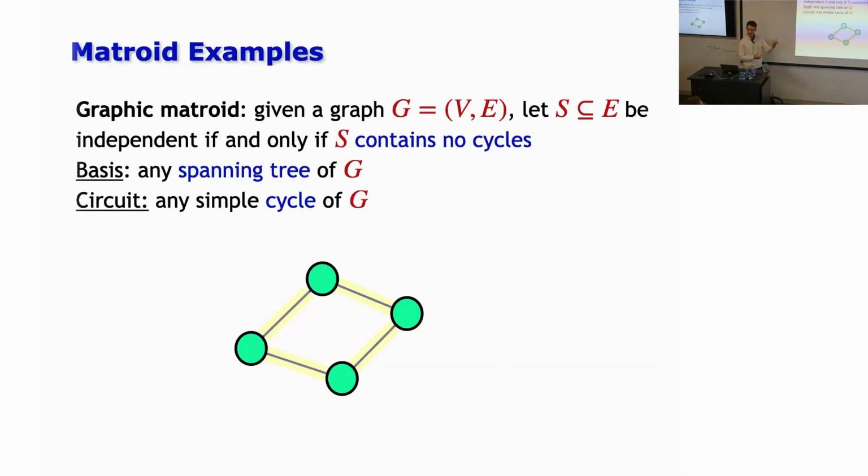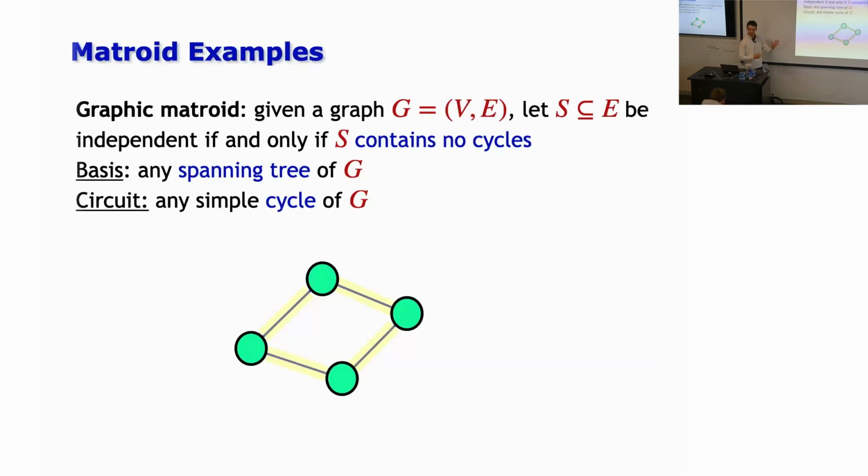And we said that a set S of edges is independent if and only if it contains no cycles. So then what is a basis? A basis is a maximal independent set. So it's a maximal set of edges that does not contain any cycles. And this is exactly a spanning tree of your graph. Or maybe more carefully, a spanning forest, since maybe the graph wasn't connected.